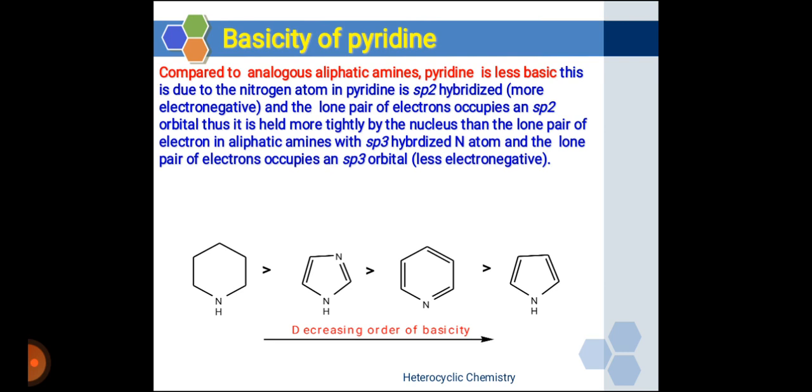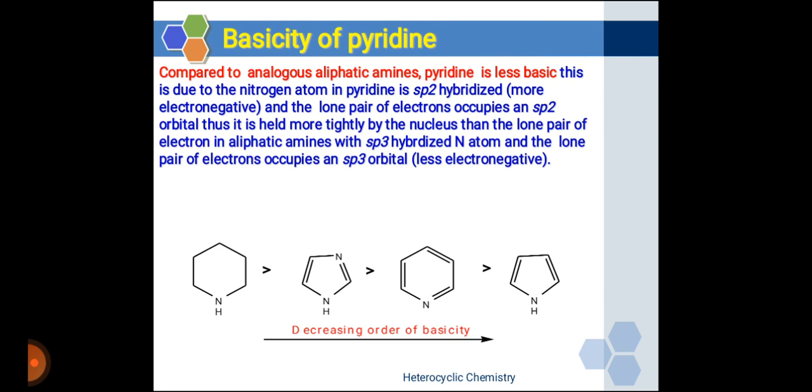Thus it is held more tightly by the nucleus than the lone pair of electrons in aliphatic amines, where the sp3 hybridized nitrogen has its lone pair in an sp3 orbital with less electronegativity. The atom that easily accepts protons is higher in basicity. A molecule with only sp3 carbon atoms and no lone pair of electrons will be very weakly basic.